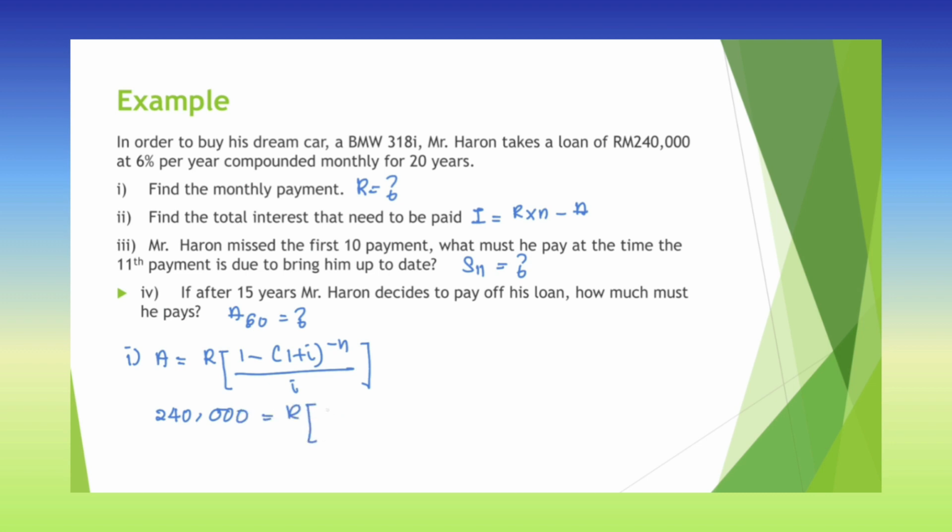R times 1 minus (1 plus 0.06 compounded monthly over 12) to the power of negative 240, for 20 years, over 0.06 over 12. Therefore, R, the monthly payment, equals RM 1719.43.